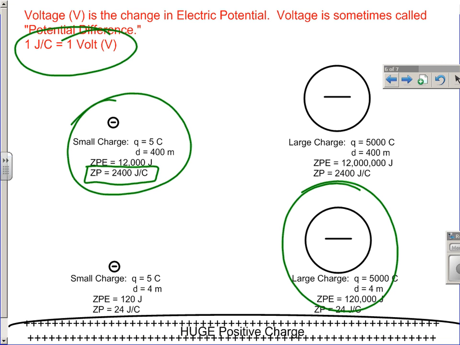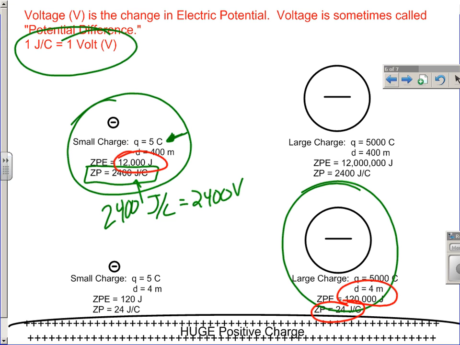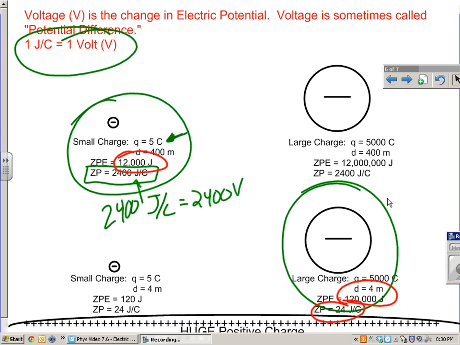Even though this has a large voltage, it's got a lot of joules per coulomb, basically 2,400 volts. Since there aren't very many coulombs, there's not very much charge, that doesn't translate to very much energy. And remember, it's the energy that's going to hurt you. So that little charge there, when it drops on you, is going to put 12,000 joules of energy through you. Whereas this over here, even though there's less potential, it's got much more energy. Okay? So there you go.